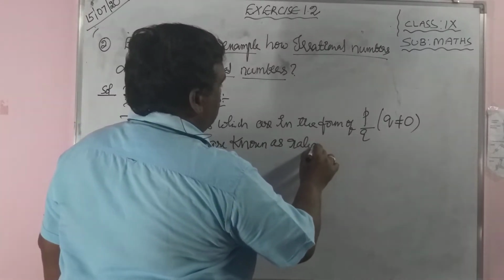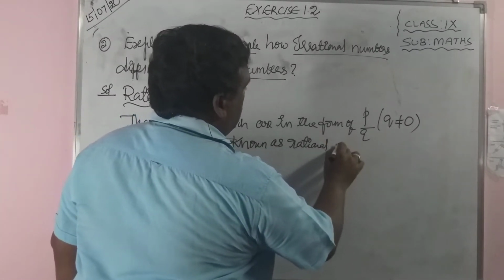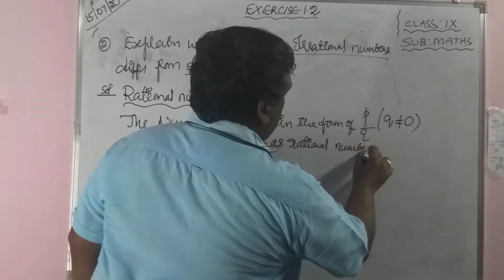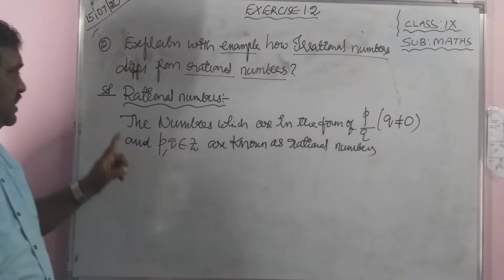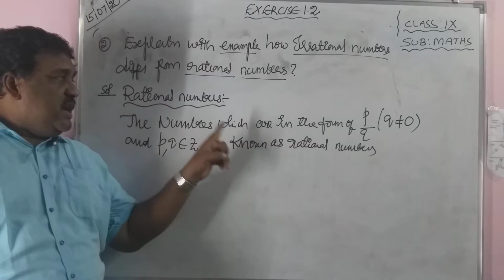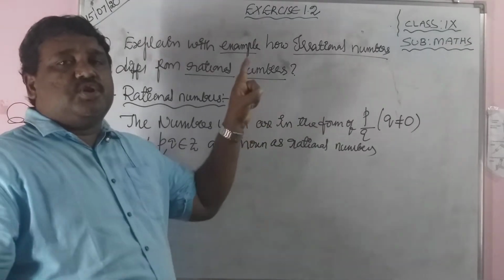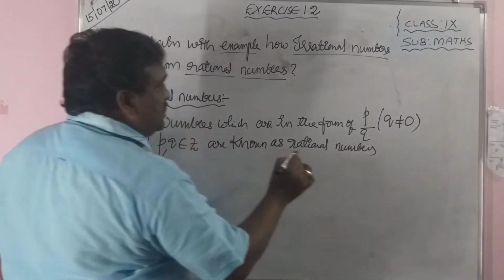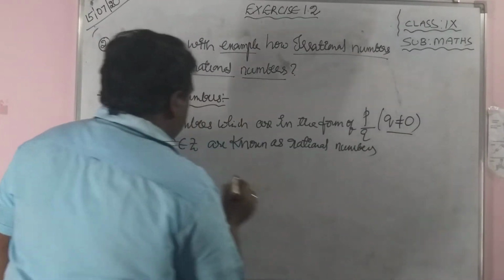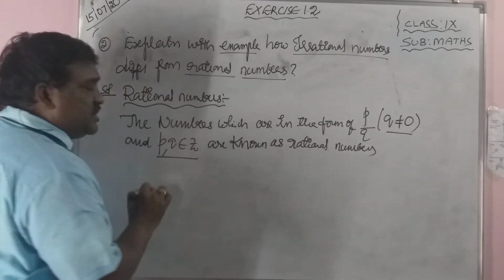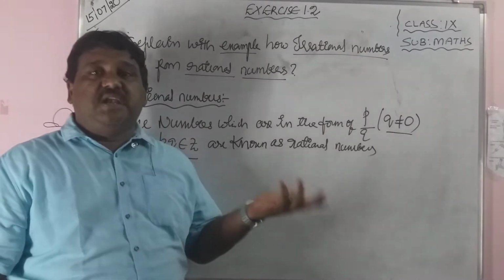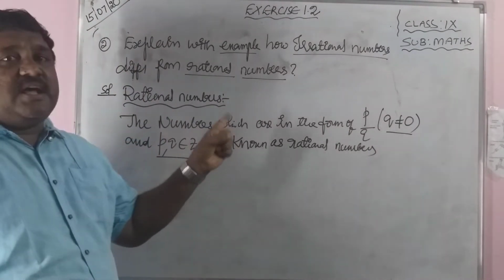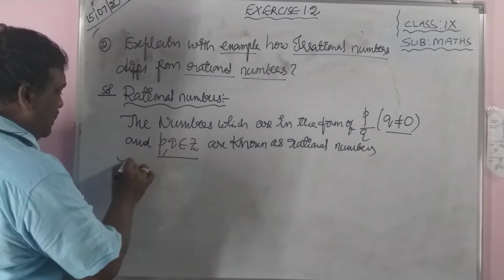Write down the definition: the numbers which are in the form of P by Q, Q not equal to 0, and P comma Q belongs to Z, integers, are known as rational numbers.